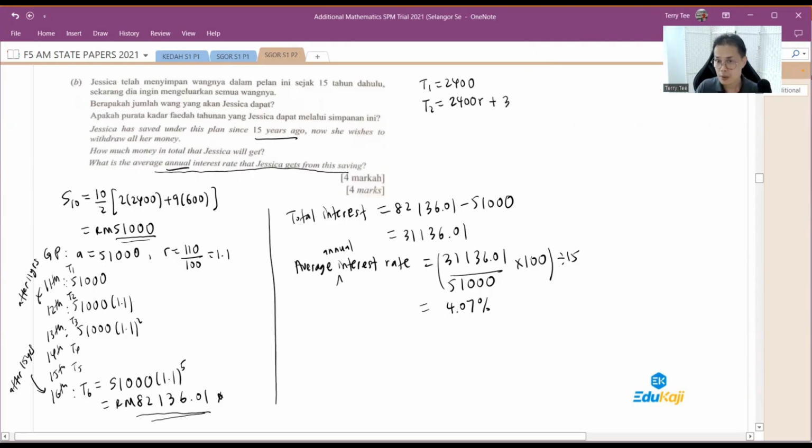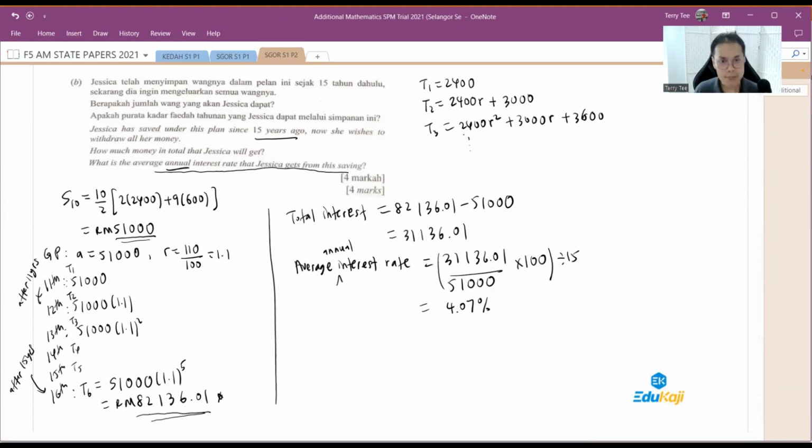Remember, you have to increase the new amount that you put in. On the third year, this 2,400, you multiply by your average interest rate, R squared. This will be 3,000 multiplied by R, then 3,600 added in.